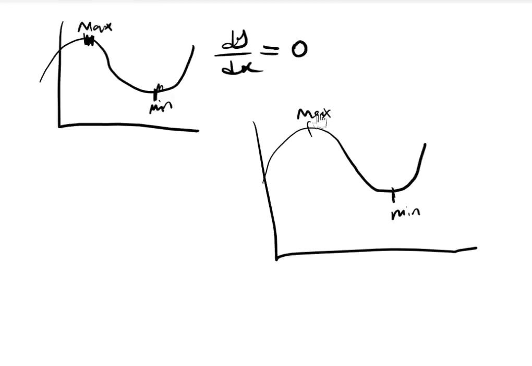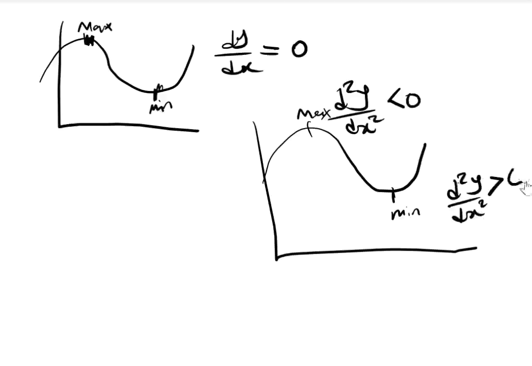This implies that at maximum, d²y/dx² should be less than 0, and d²y/dx² for minimum is greater than 0.